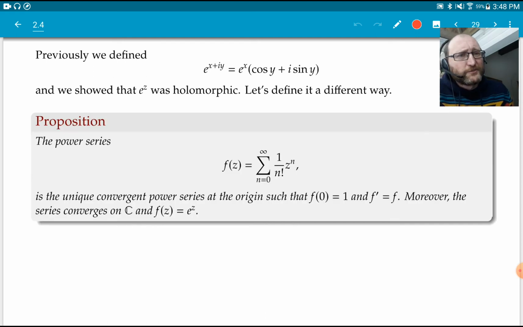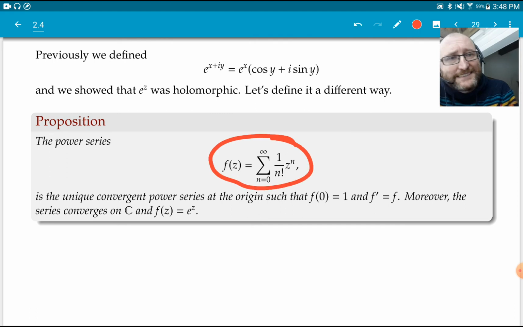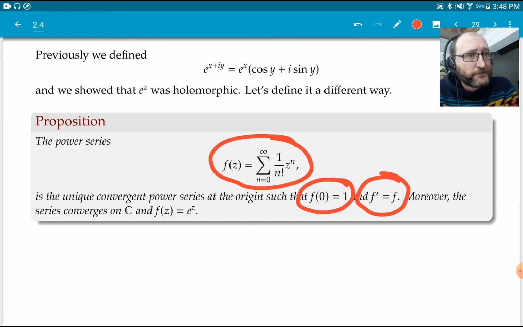In a more differential equations kind of way, right? If you remember how in differential equations, when you studied power series methods, you would solve things, that's what we're going to do. So we want to show that this power series is the unique convergent power series at the origin that satisfies f prime equals f, its own derivative, and f of 0 is 1.